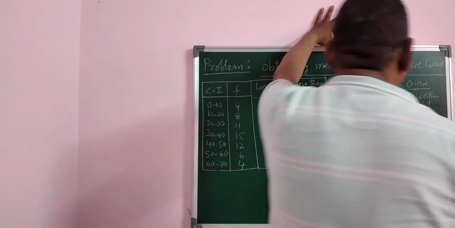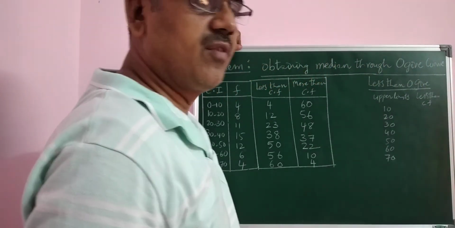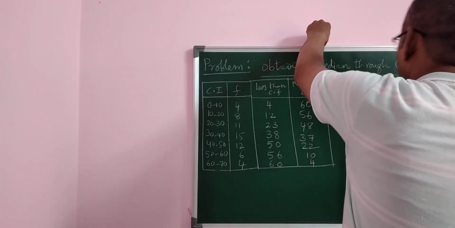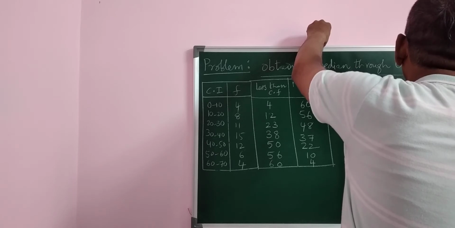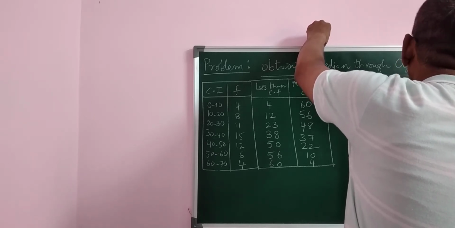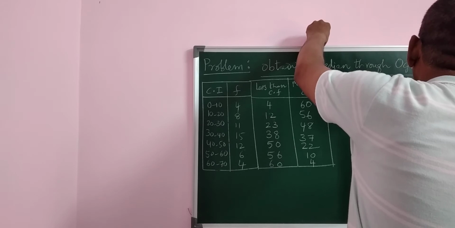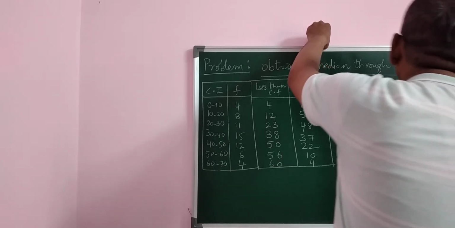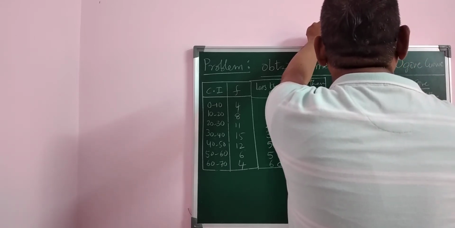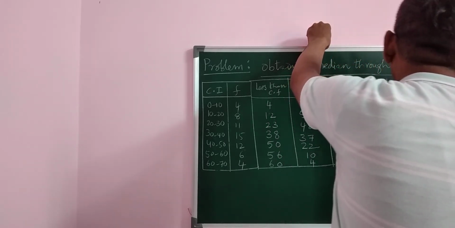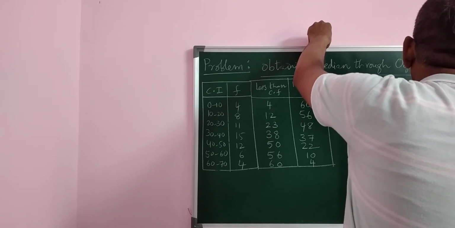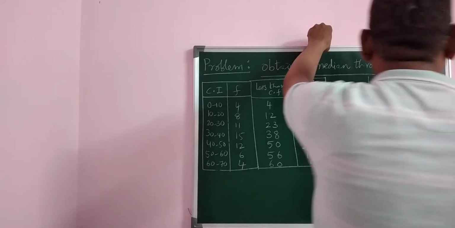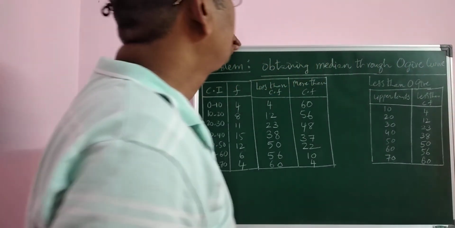These are the upper limits. The less than cumulative frequencies are 4, 12, 23, 38, 50, 56 and 60. This is the table I have drawn for less than Ogive.